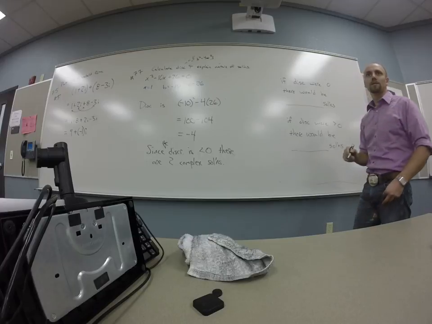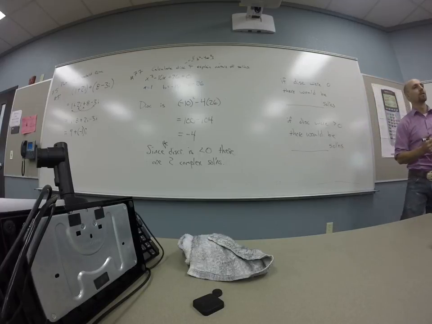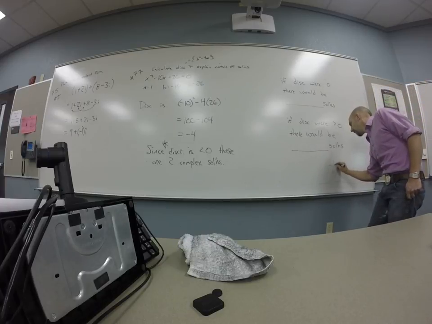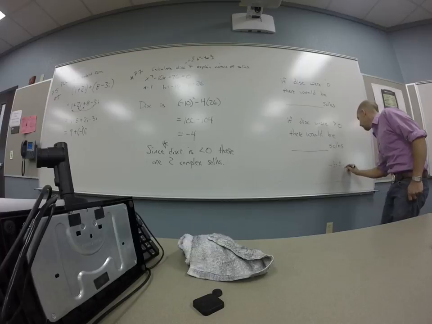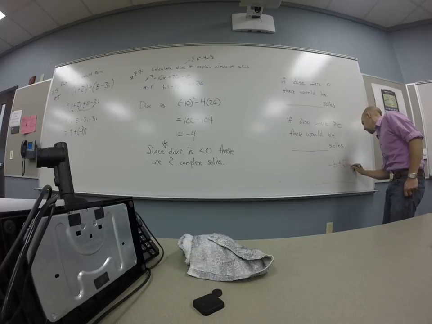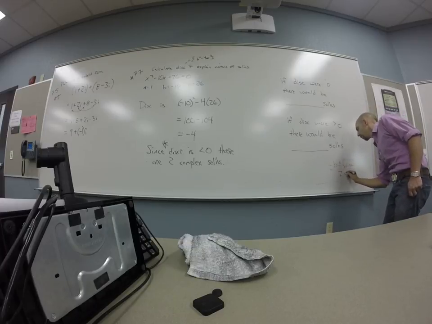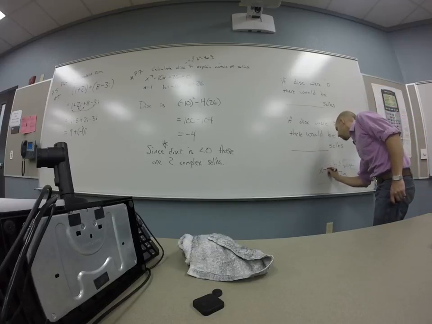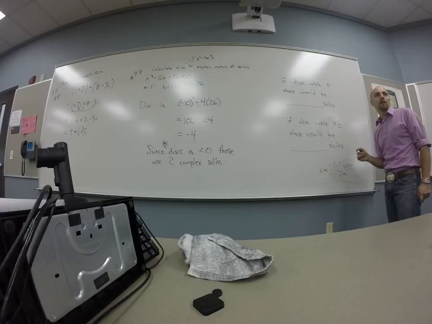What goes in the blanks? So remember how this thing gets used. There's negative b plus or minus the square root of the discriminant, divided by 2a. Really, these are my solutions x, right?